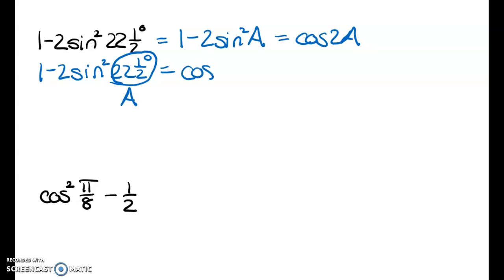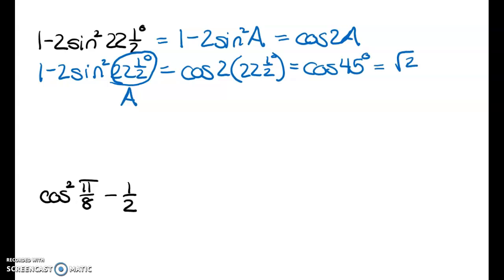And I'm going to plug that into the other side of my formula, 22.5 degrees. And I know that 2 times 22.5 degrees is 45 degrees. And the cosine of 45 degrees is radical 2 over 2.